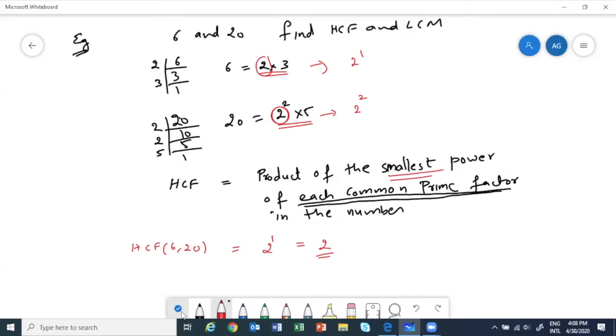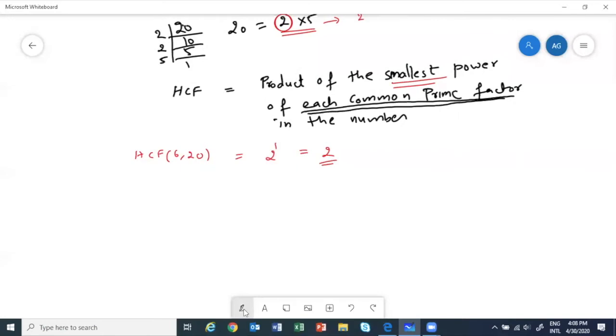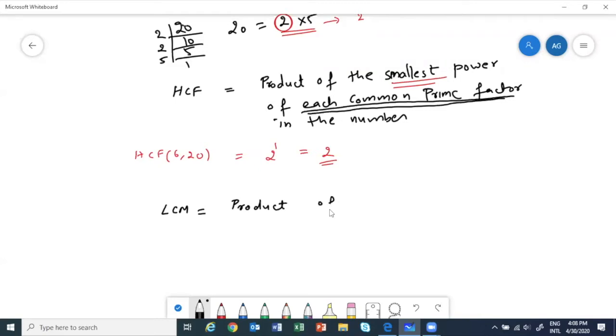For LCM, let me define how to find it. To find the LCM, we have to take the product of the greatest power of each prime factor involved in the numbers.